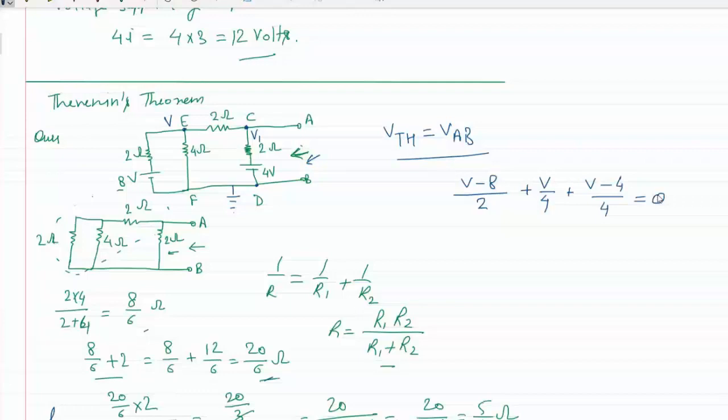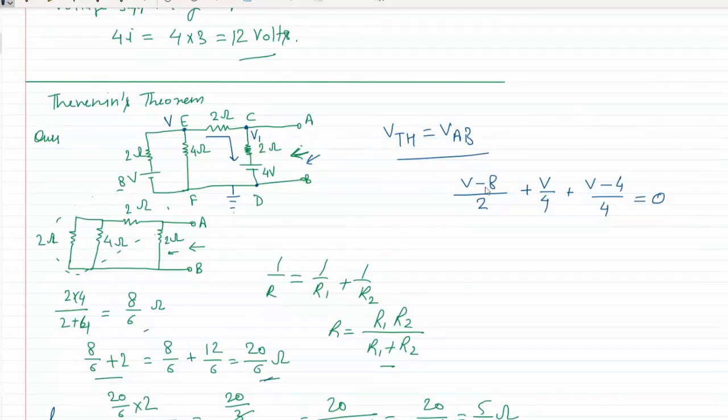Now, some of you might have a doubt about how I wrote this equation. If you have any doubt, please ask. How did I write this equation? Because I told you this is one branch only. Since this is an open circuit, the current will flow in this direction only. The current will be the same because it is not dividing in this direction.